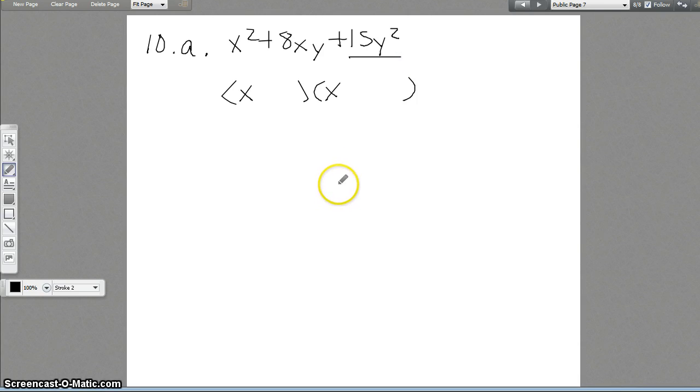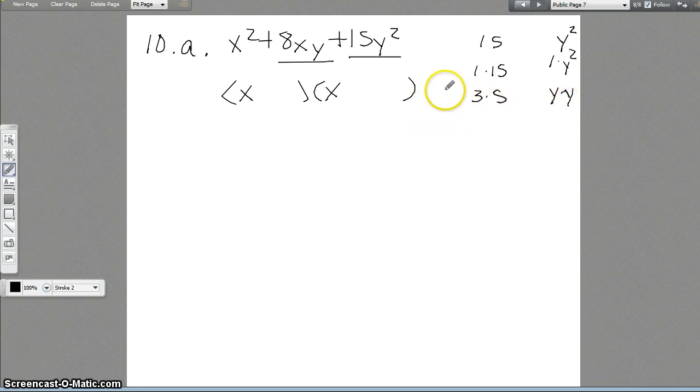Well, let's write out our factors of 15 and our factors of y squared. Our factors of 15 are 1 times 15 and 3 times 5. To get y squared, we can do 1 times y squared, or we can do y times y. Since our middle term has a y only, we know that it should be just a y.